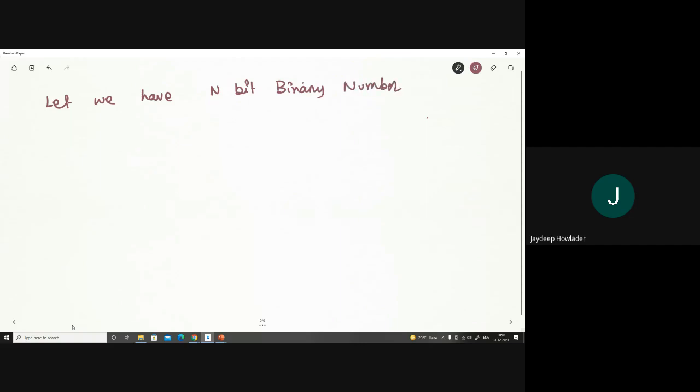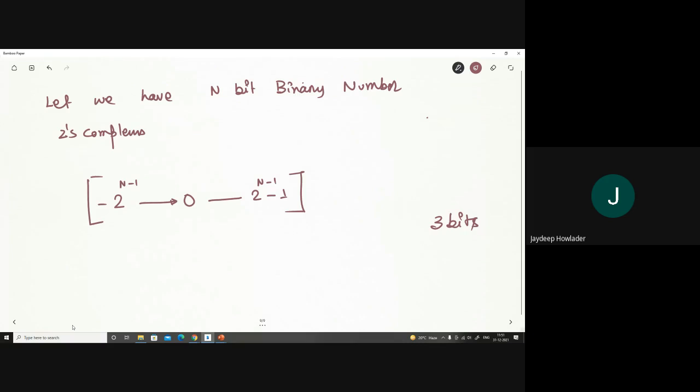In a 2's complement, what is the range of values we are representing? We are representing -2 to the power n minus 1, to 0, and then 2 to the power n minus 1, minus 1. Just try to understand from a 3-bit number.